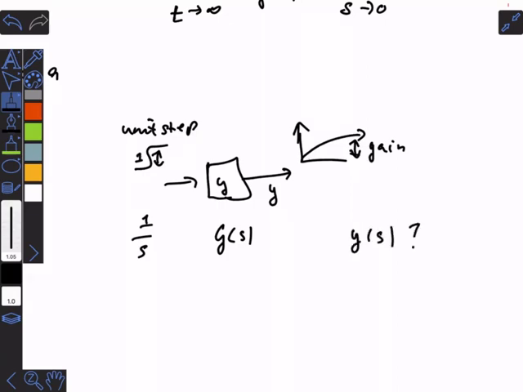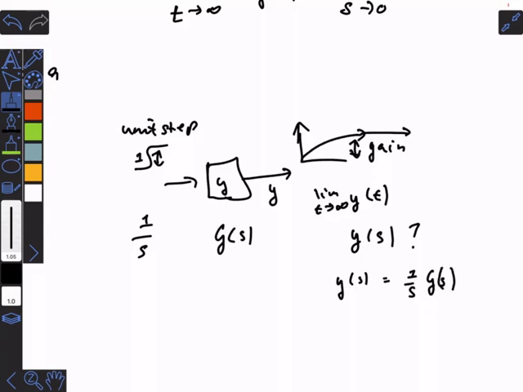I'm specifically trying to figure out the eventual value, so I'm trying to figure out the limit as t goes to infinity of y of t. That's the mathy version of saying the eventual value of y after having done all of this. And y of s, remember, is straightforward: y of s is 1 over s times g of s.